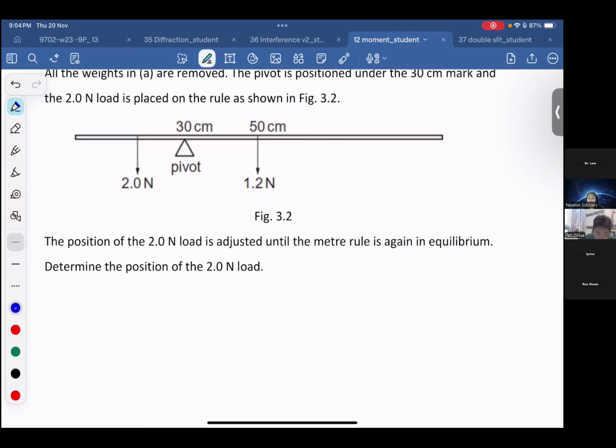Wow, very good, Angeline. How about others? Normally, for this kind of question, most students can only score 2 marks instead of 3.